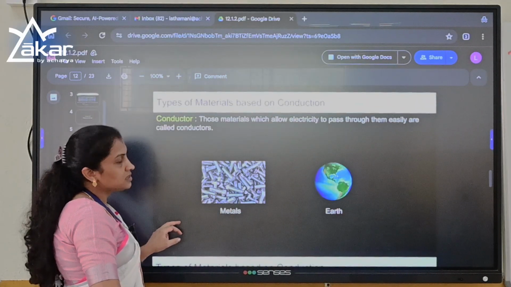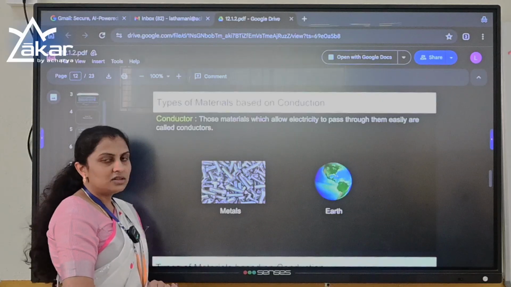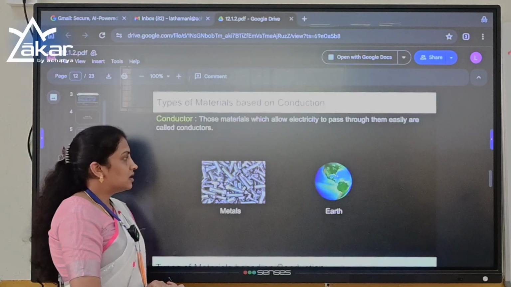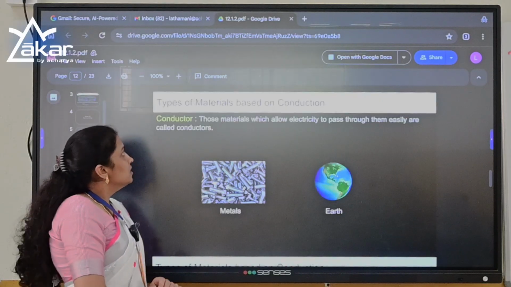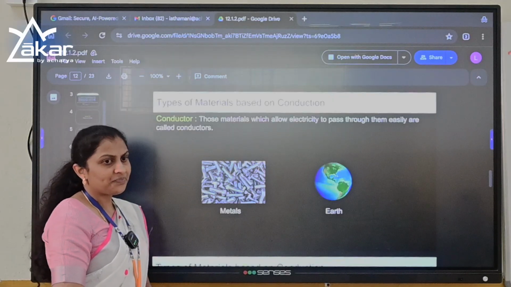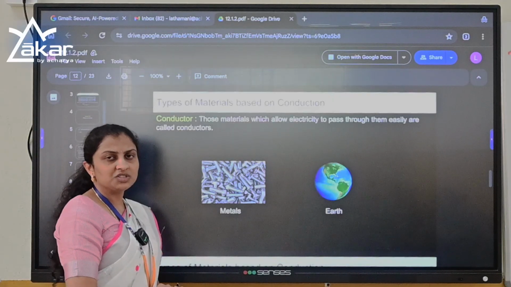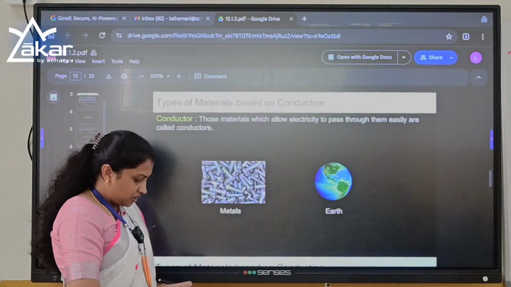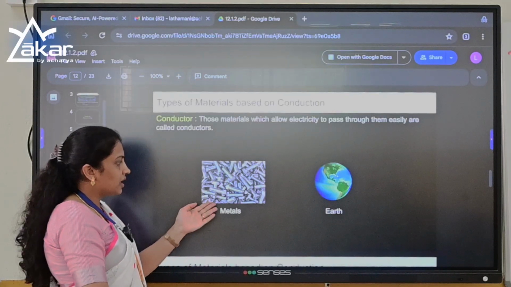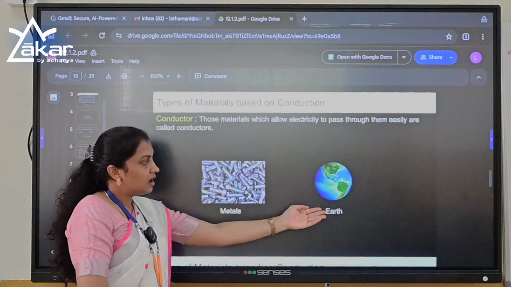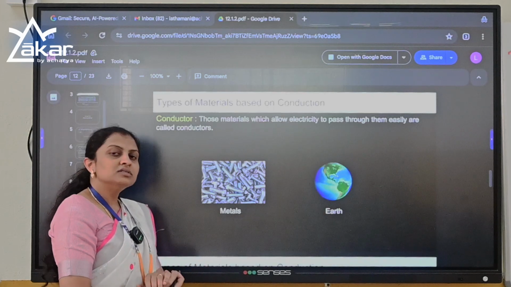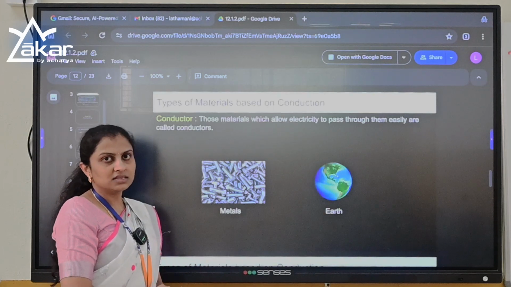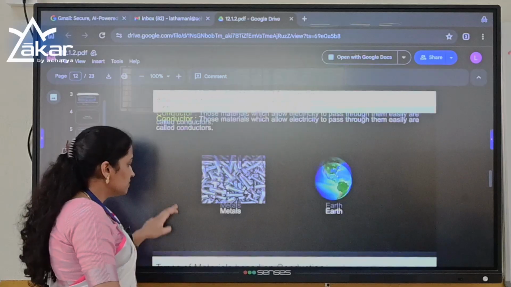Next is materials based on conduction: conductors and insulators. Conductors are materials which allow electricity to pass through them very easily. These are the examples: metals and earth. They transfer electricity easily, that is called conductors.